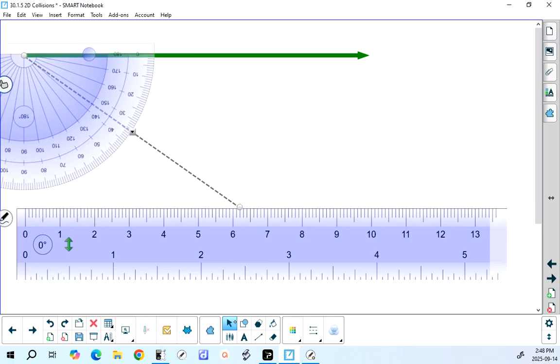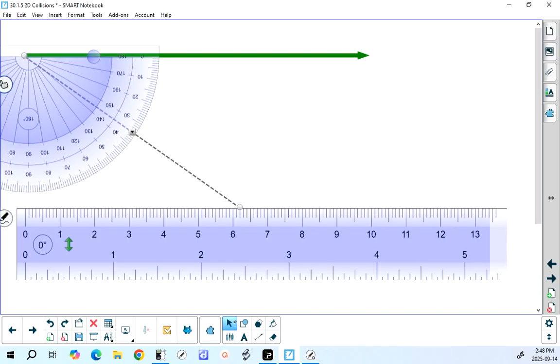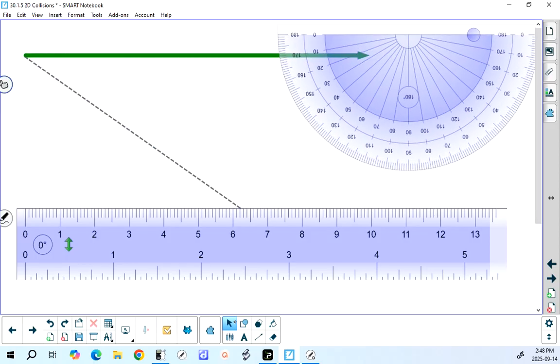The reason for that is, in order for you to actually draw the vector of 7.5 centimeters, you need to use a ruler. So you have to get rid of your protractor, put your ruler up here.